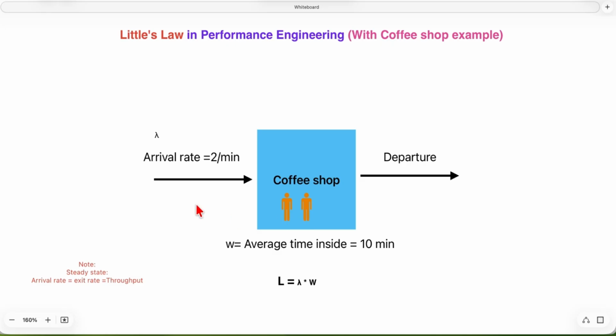It means there is a constant, fixed arrival rate, and a defined amount of time is spent within the system, and then the user exits the system. If you take ramp up or ramp down time into consideration, this formula does not hold.